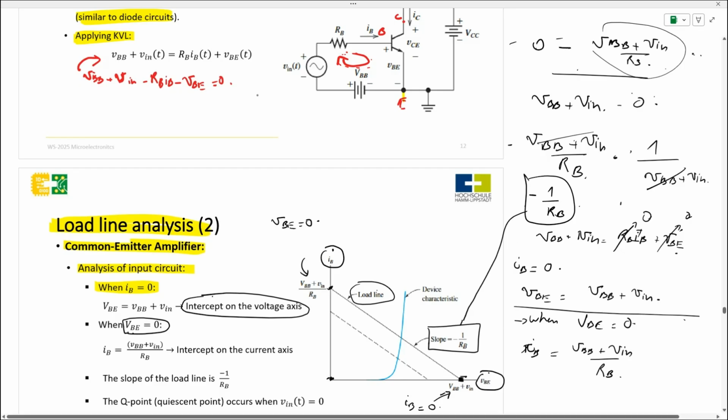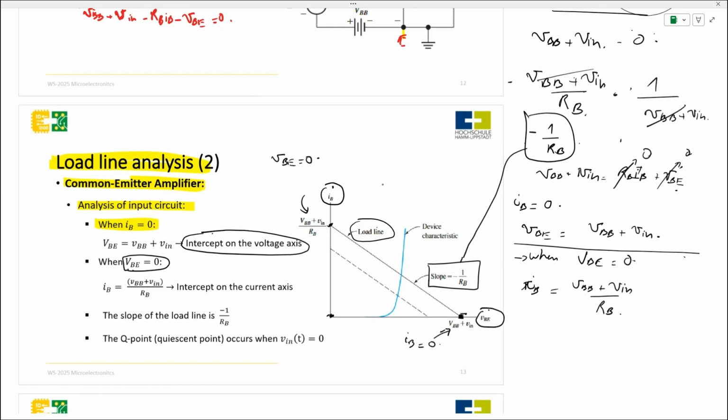So this is our load line, our slope, but the device characteristics are, I believe, taken by measurement, but it doesn't matter for now. You just have to remember how to analyze your load line for the common emitter amplifier.